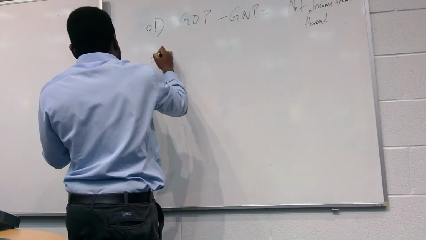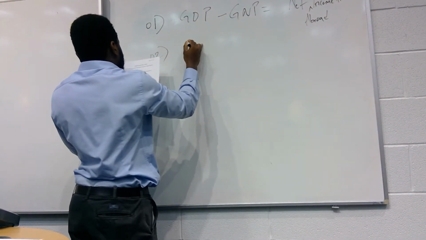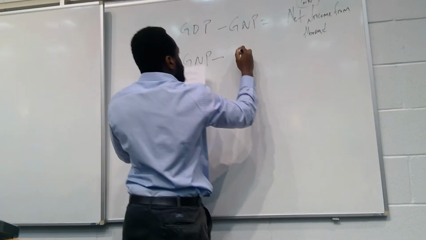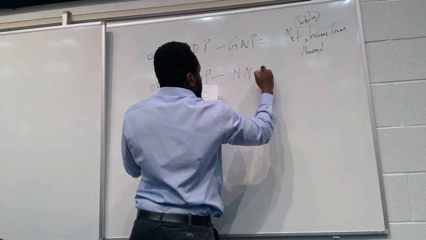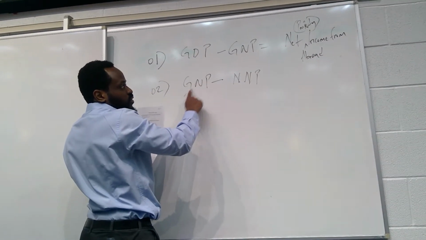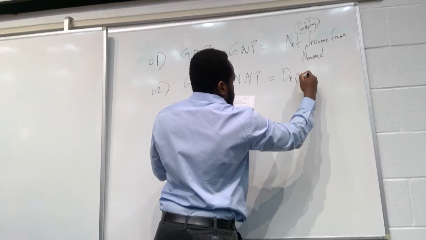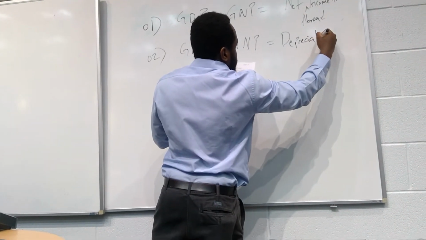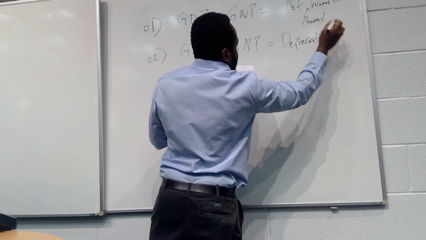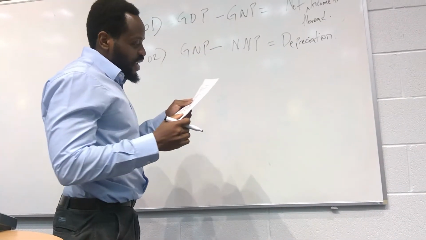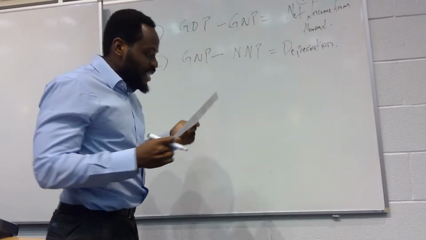All right, and for 2, we have the difference between GNP and NNP. Gross national product versus net national product, and the answer there, ladies and gentlemen, is depreciation. And then GDP per capita means what?